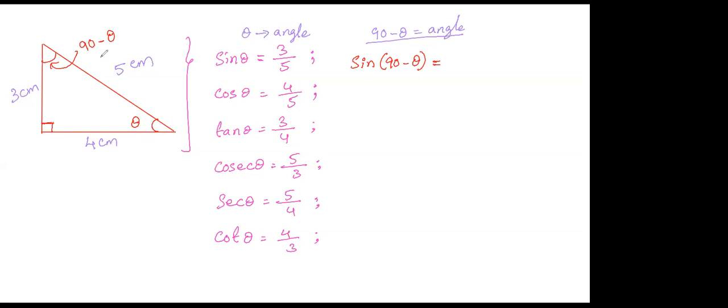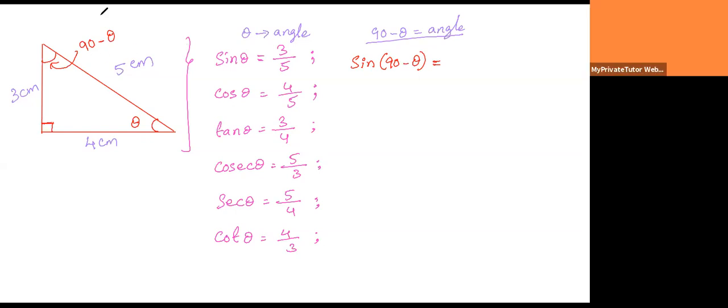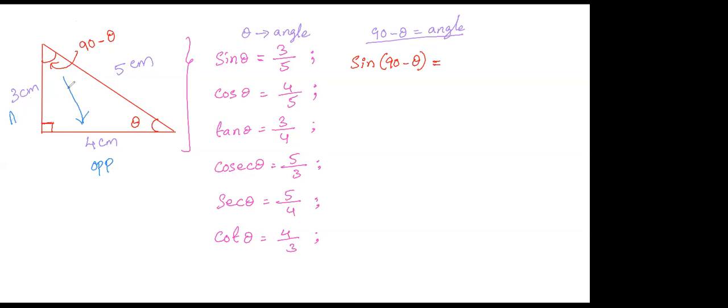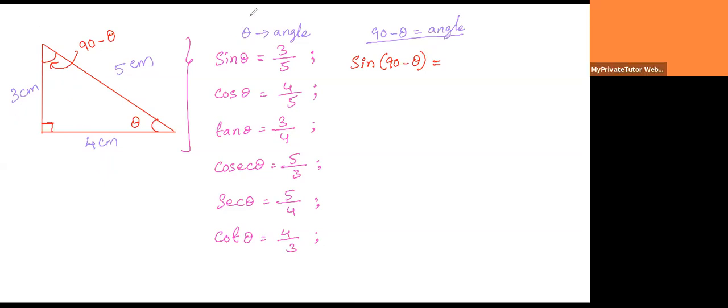We are assuming this as theta now, and this part as 90 minus theta. If we are taking this as the angle, this becomes the opposite side, and this becomes the adjacent. I hope you guys know that. So please tell me, what is sine 90 minus theta?